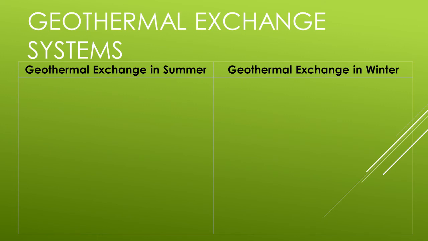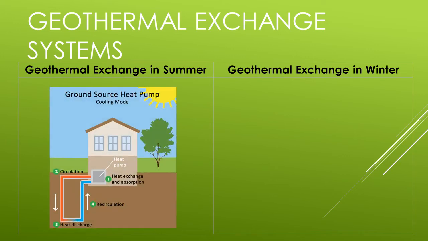Now, on your worksheet, you have these two boxes, and I want you, to the best of your ability, to draw these pictures. The first piece is a geothermal exchange in summer. If you can, let's draw a little house with our heat pump, as it's called. Now it's taking that warm fluid or liquid and pumping it down below the ground.